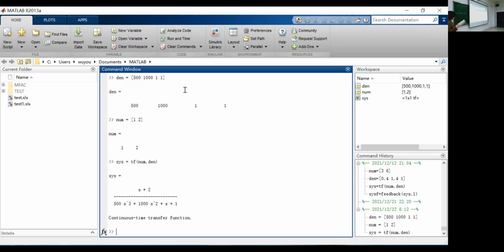Yeah. Okay, then how about sometimes the transfer function we have is not in the form according to the decreasing order of S, maybe it's in a form like this. Let's see here. Maybe we got a transfer function.